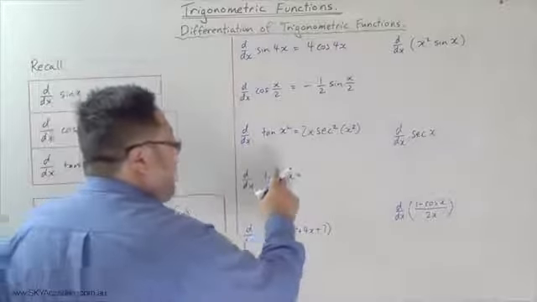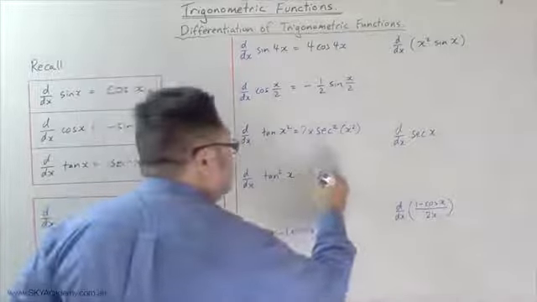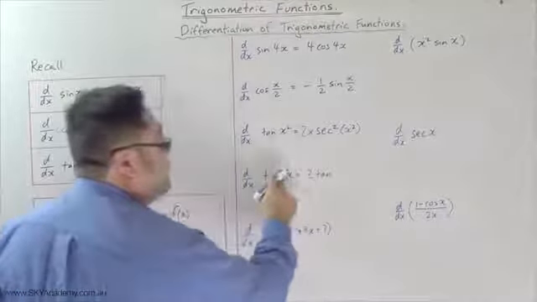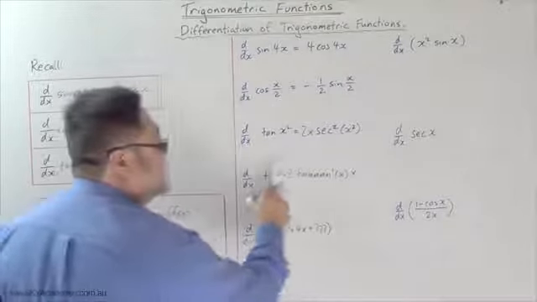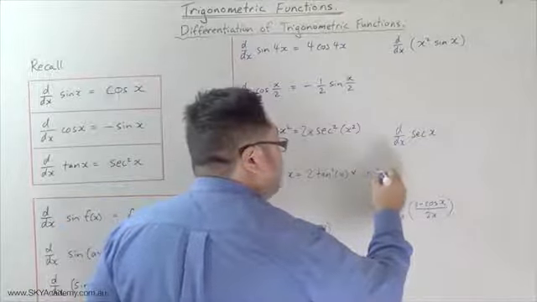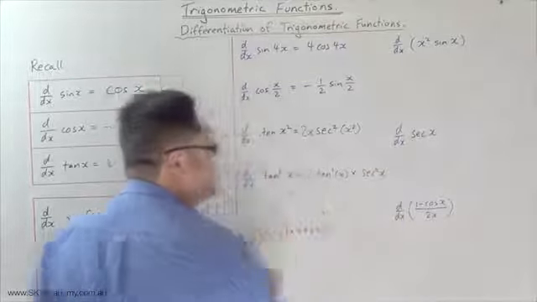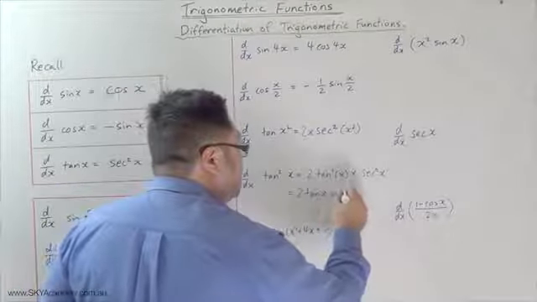The power of the tan comes out the front, so 2 lots of tan. Take 1 off the power, times the differential of the inside function, tan x, which is sec squared x. So the answer for this one is 2 tan x sec squared x.